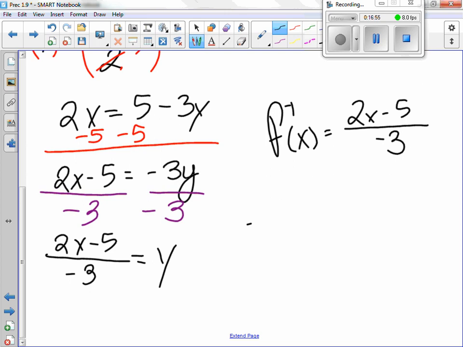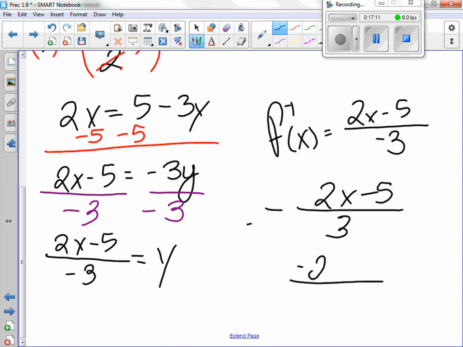Yes? Yeah, that's it. Now, we could rewrite this negative. I can move it out front and write it like this here. Or I can move it up top to the numerator, and it's going to change the signs, because it would have negative 2x plus 5 over 3. All three of these are the same thing.